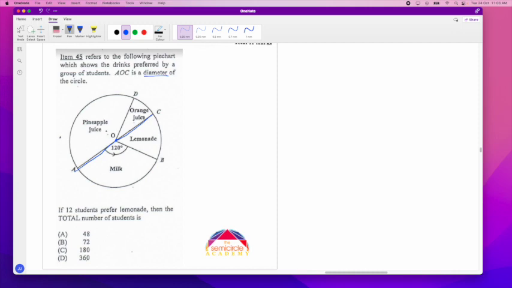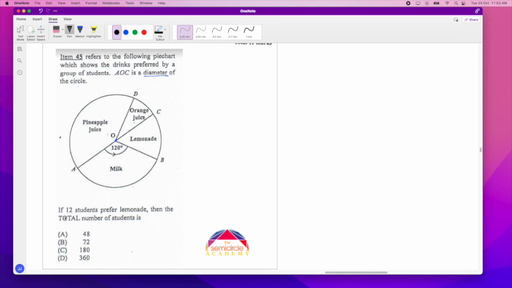The important thing to know about the diameter is that it is a straight line, and the angles on a straight line add up to 180 degrees. That is one thing that we would need to know from geometry for this question. 180 degrees being half of the full circle.